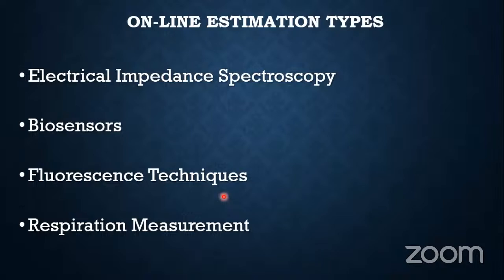The electrical impedance spectrometry, also known as EIS, measures the electrical properties of the culture, and this includes capacitance and resistance. Now, in measuring the capacitance and resistance, is there any change in these properties? It is being correlated with the microbial growth, and it also correlates with the cell morphology.